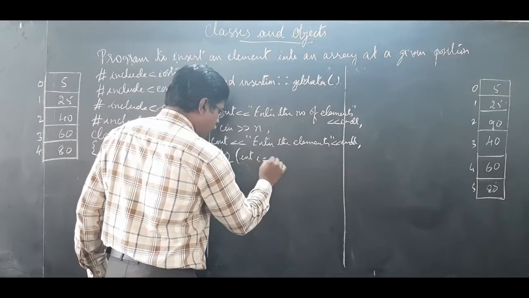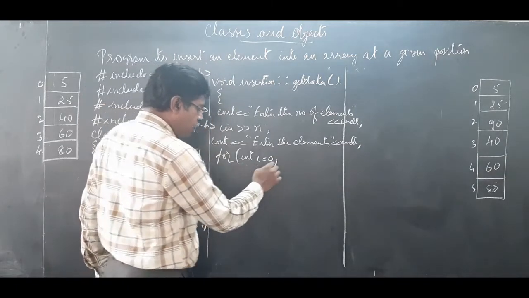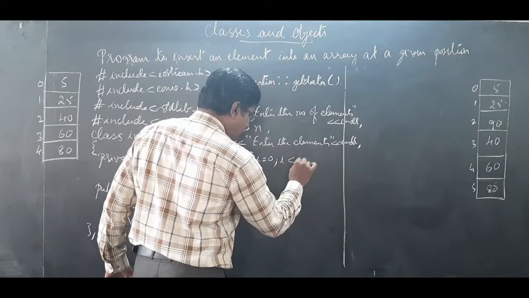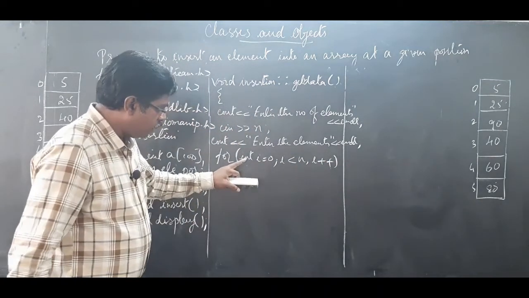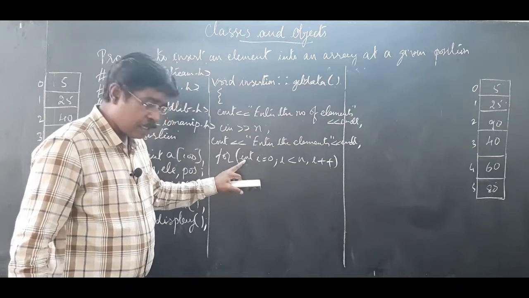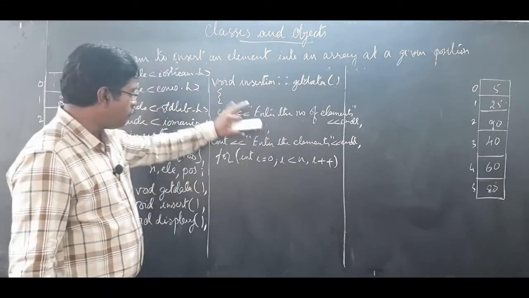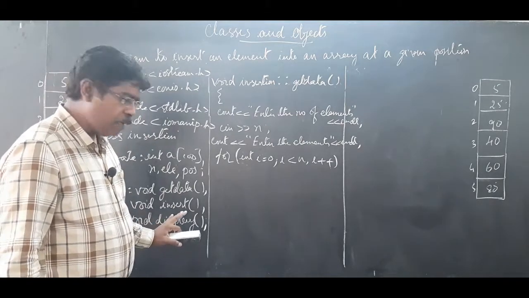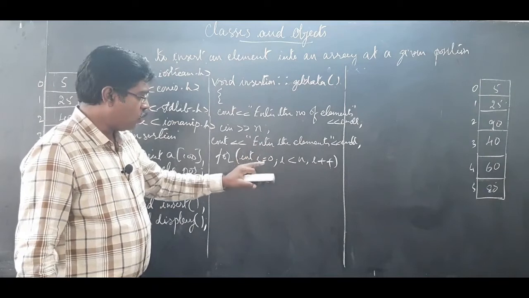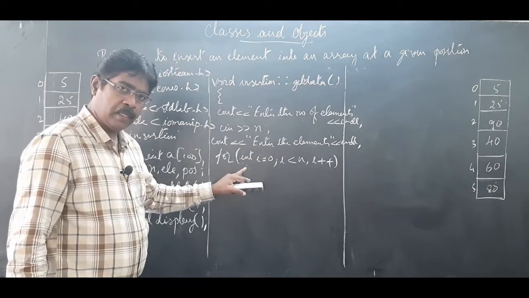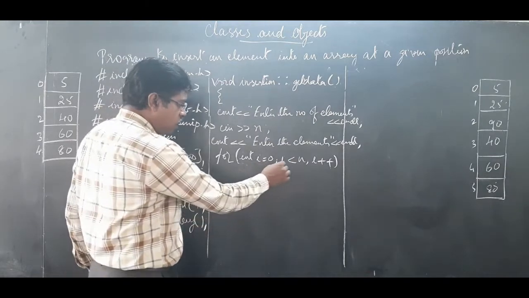Follow carefully: int i equals 0, i less than n, i plus plus. As I said, i is a variable which has not been declared anywhere. We need to use this i here in this getData, so i has been declared here in the for loop. So i equals 0, i less than n.